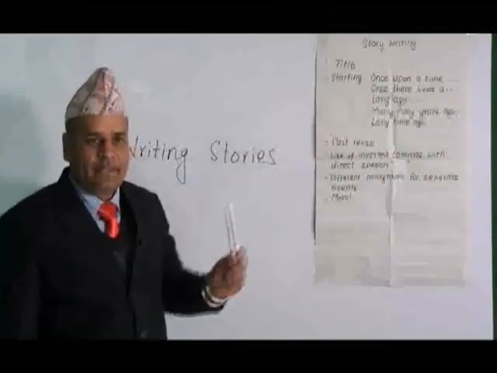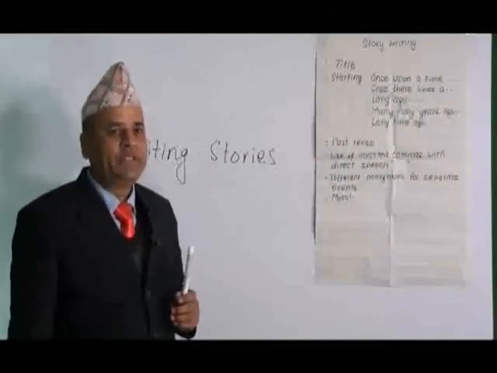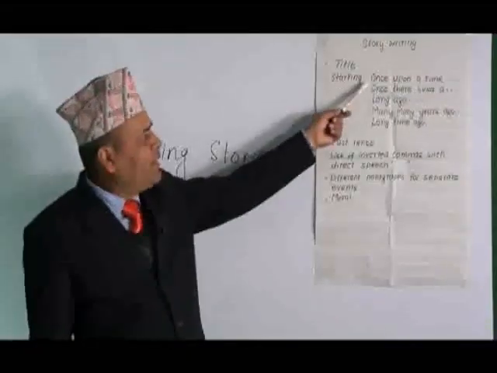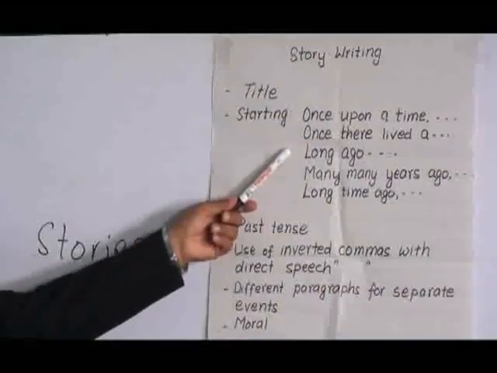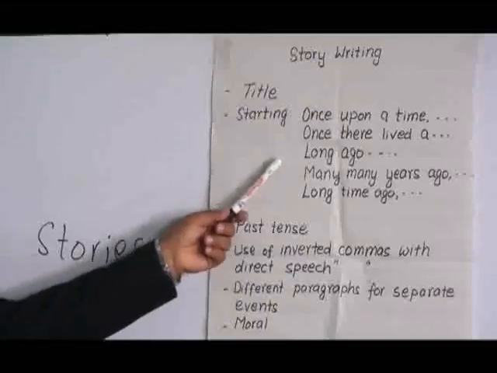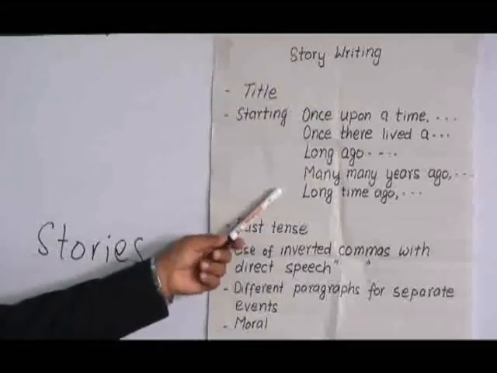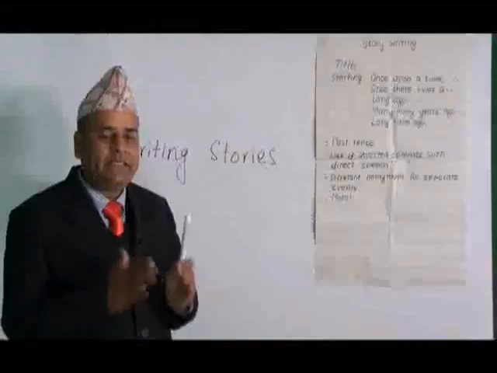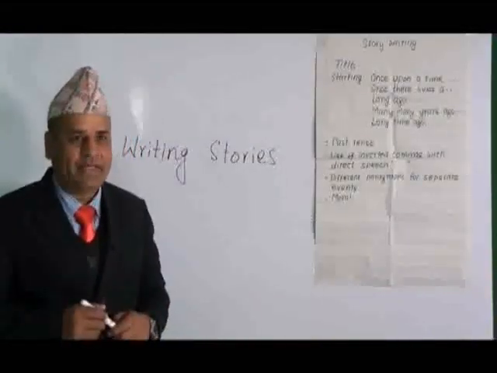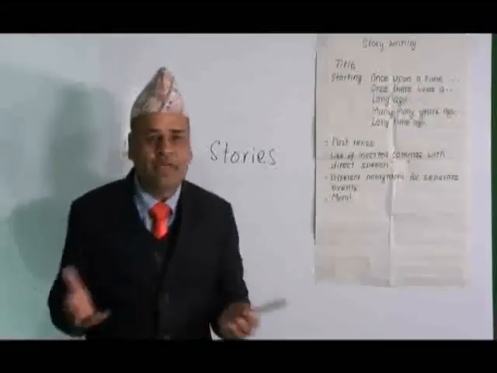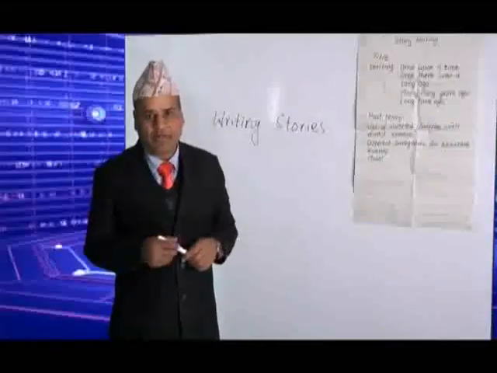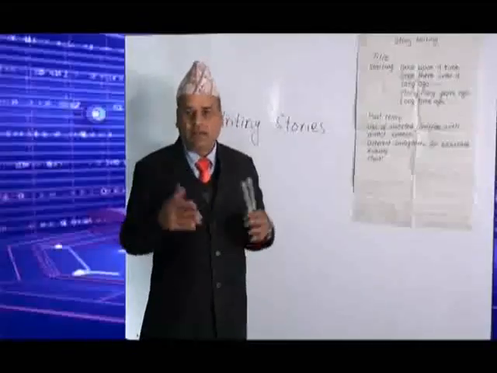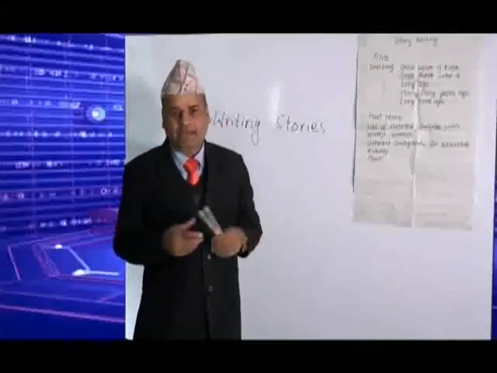When we write a story, we start with certain words or phrases: once upon a time, once there lived a, long ago, many years ago, long time ago. This is the beginning of the story, especially moral stories. There may be human characters, animal characters, or bird characters, or different types of characters.